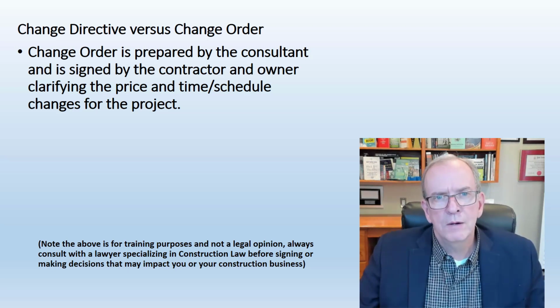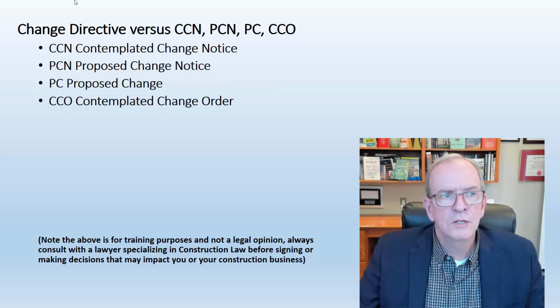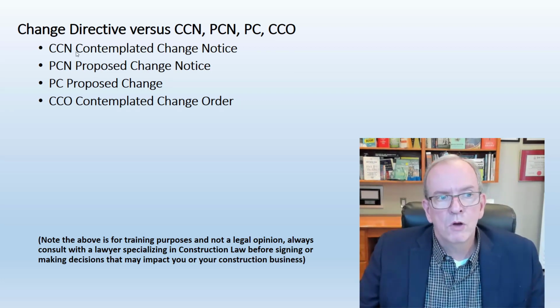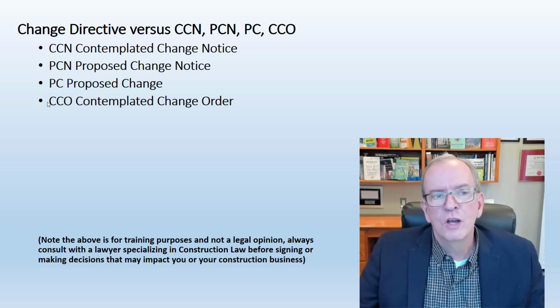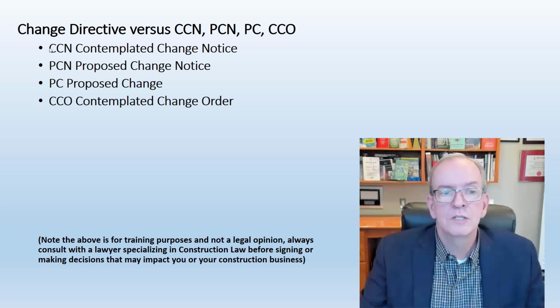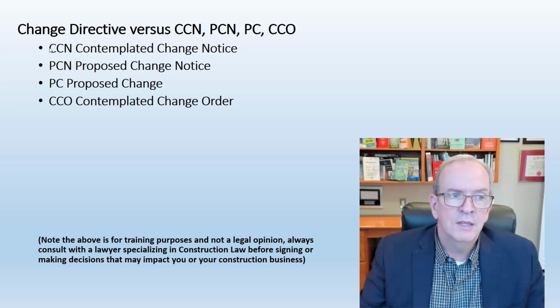Now, there are a few other abbreviations that we run into: CCN, PCN, PC, CCO. Contemplated change notice, proposed change notice, these are all different ways of saying more or less the same thing. This is not a change to the contract. These are things that you're thinking about, the client may be thinking about, or the contractor is pricing out, so it can be reviewed to see what the cost impacts and time impacts are.